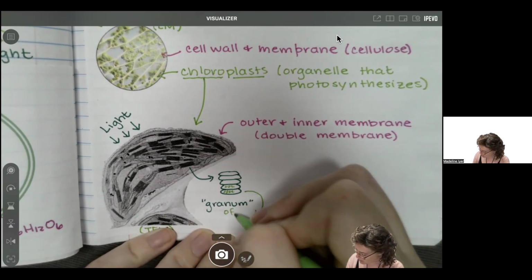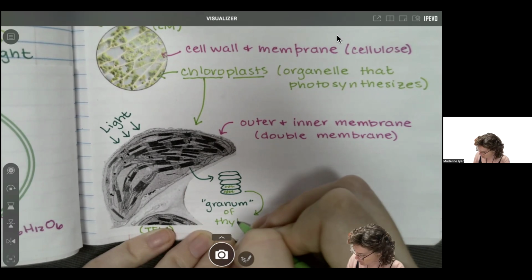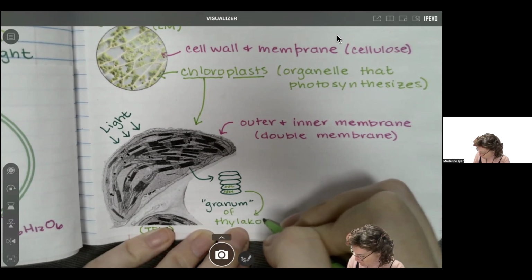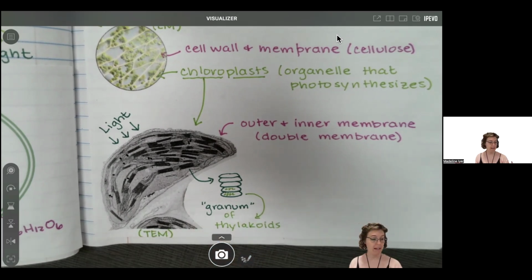So it's a granum of thylakoids, or a stack of pancakes. And what's actually happening in this picture is photosynthesis. Photosynthesis happens in the thylakoids.